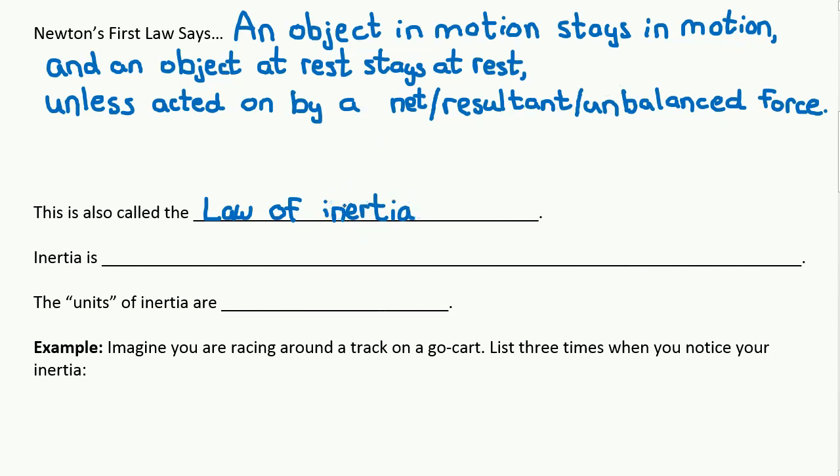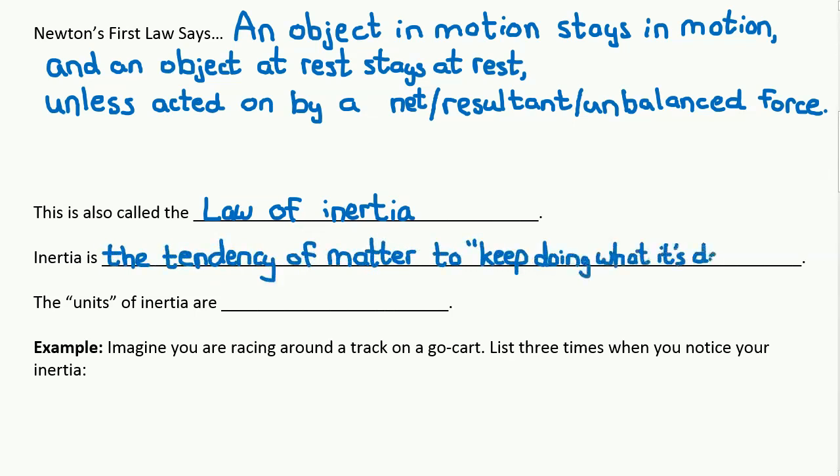Okay, so if this is called the law of inertia, what is inertia? Well, we often say that inertia is the tendency of matter to keep doing what it's doing, or to not change its motion. So this means that anything that's made of matter, which is most things you probably think of off the top of your head, wants to keep the motion it currently has.